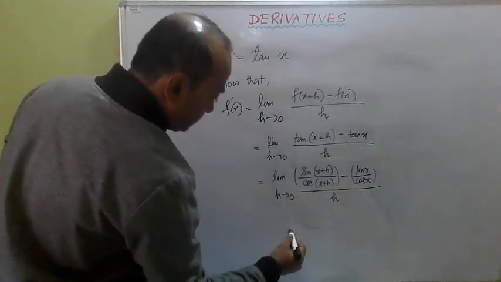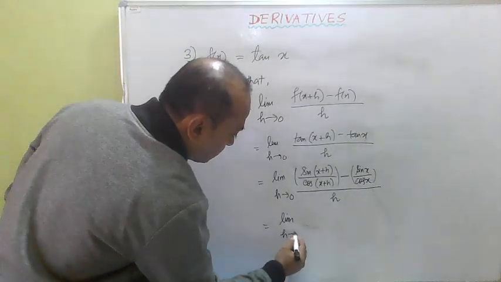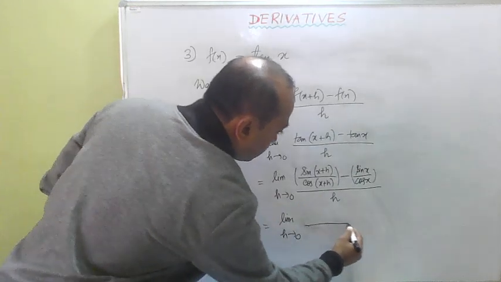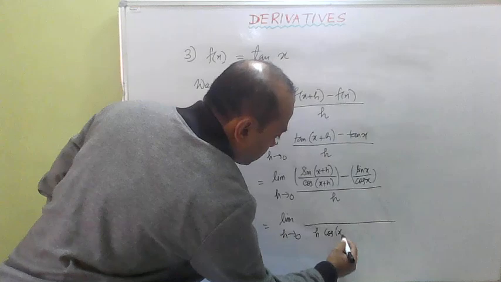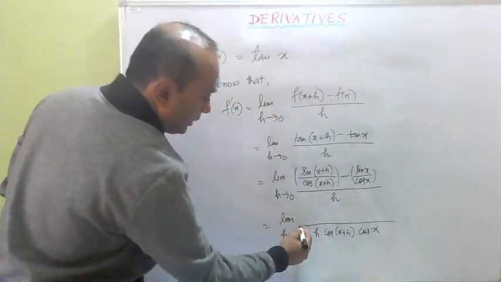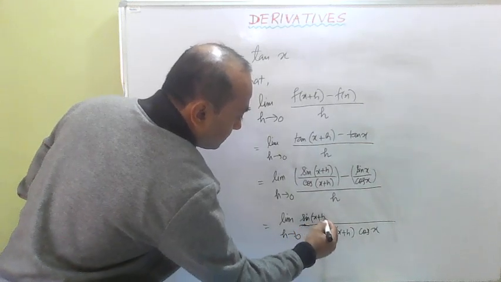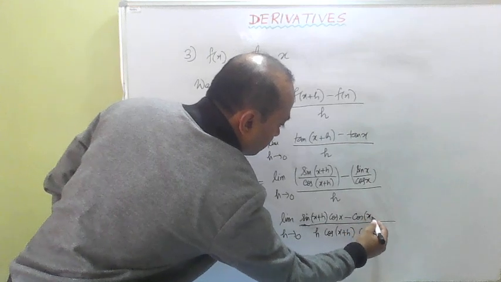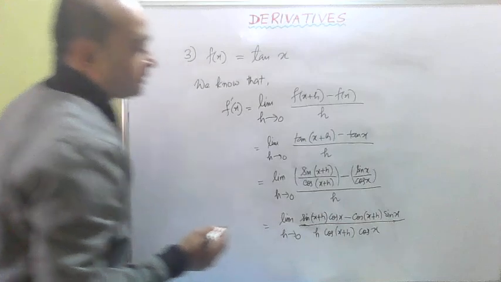You take the LCM. If we take the LCM, what we see? This will become h into cos of (x plus h) into cos x in the denominator. Numerator we have sin of (x plus h) into cos x minus cos of (x plus h) into sin x.